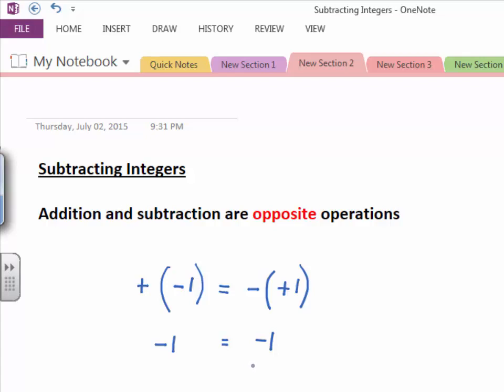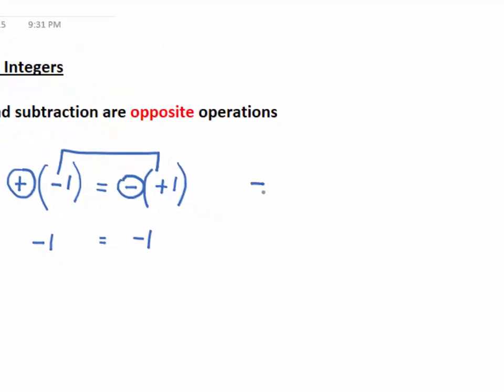So addition and subtraction are opposite. This is right. As you can see, this is addition, this is subtraction. They are opposite, which means if it's negative, it's going to be positive. So let's do it another way. I have subtraction of -5, equal to what? The subtraction, we switch it to addition. Now we need to do the opposite.